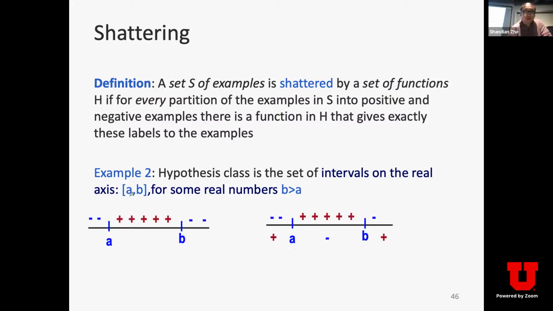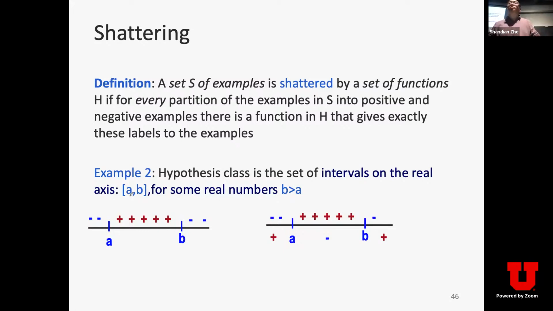Now let's try to consider 3 points. Let's see if we can use our interval classifiers to shatter 3 points. Can we do that? To verify this, we need to enumerate all possible labelings over the 3 points.